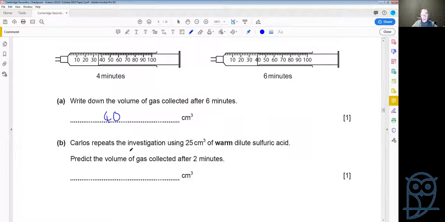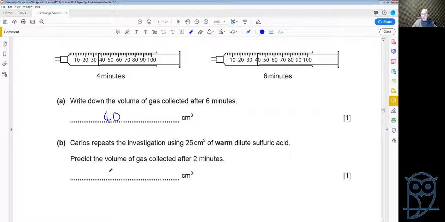So he repeats the investigation using 25 cubic centimeters of warm, dilute sulfuric acid. So predict the volume of gas collected after 2 minutes. So here what they're testing is to see whether you know that temperature affects the rate of a reaction. So here it will be marked right as long as it's larger than 40 centimeters.